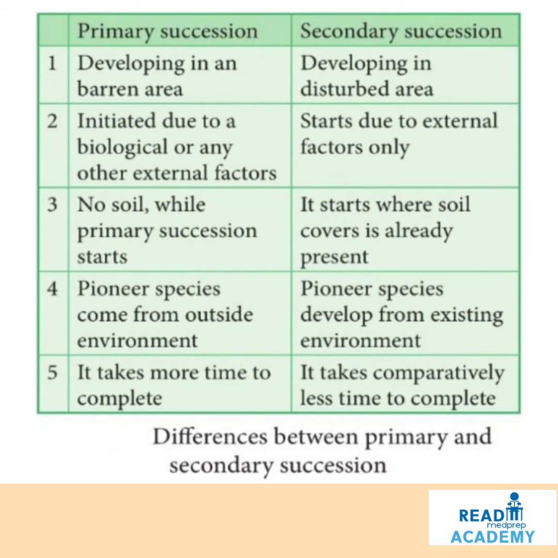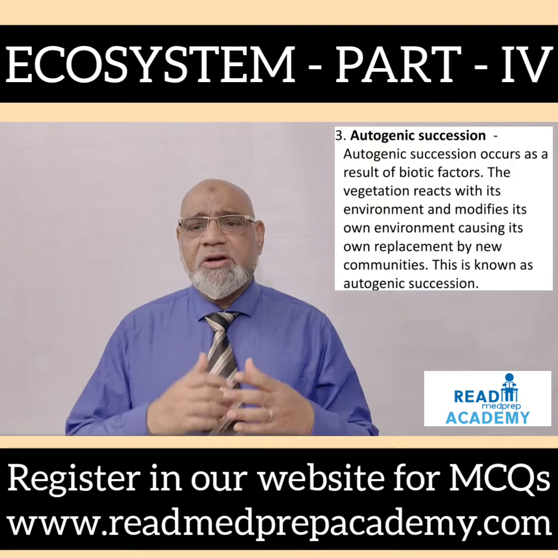In primary succession, the pioneer species come from outside the environment, whereas in secondary succession, the pioneer species develop from the existing environment. Primary succession takes more time to complete, whereas secondary succession takes comparatively less time to complete.